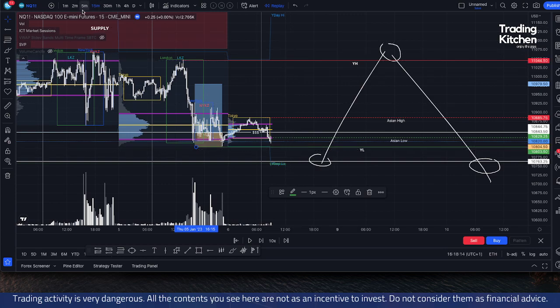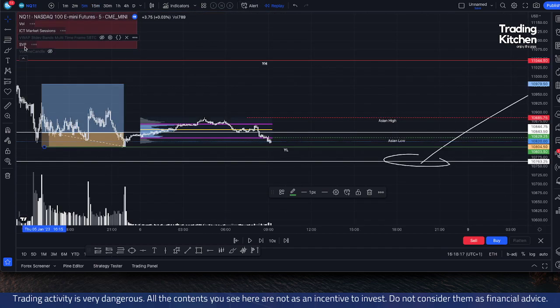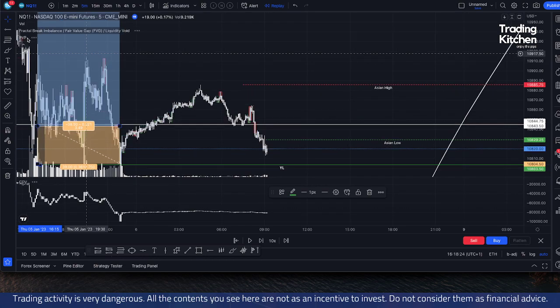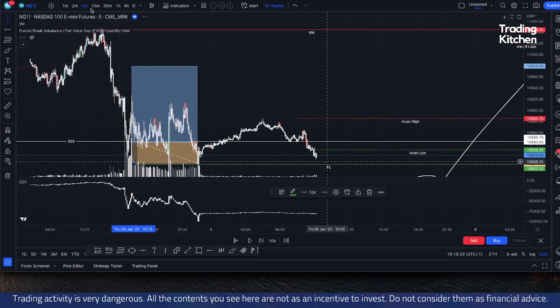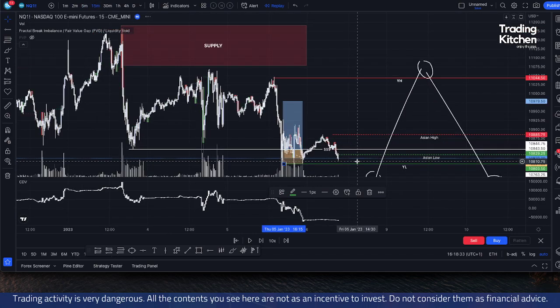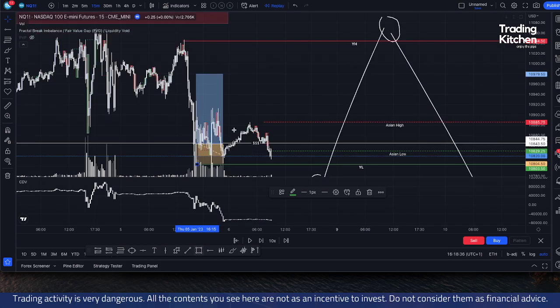Okay, so let's move on to the 5 minutes time frame, and we use the template. Okay, sorry, 50 minutes to identify the zones in which we could go short or long.